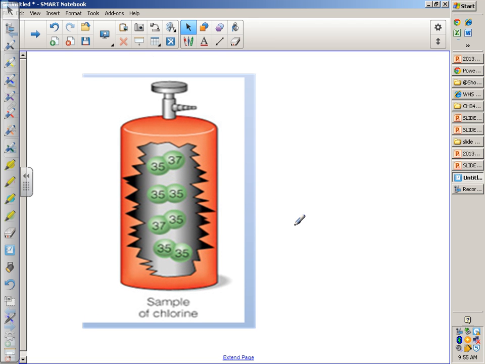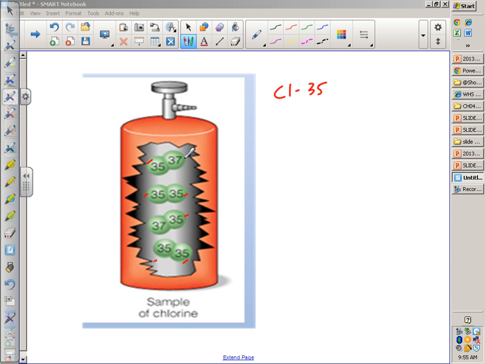But if we look at a random sample of 8 chlorine atoms, what we would find is that 1, 2, 3, 4, 5, 6 of them are chlorine 35. But then only 2 of them are chlorine 37. Okay?